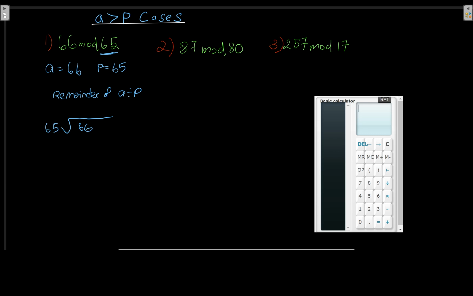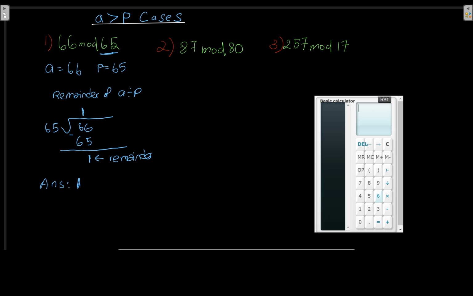So 66 divided by 65 gives the quotient 1, and we subtract 65 from 66, which is 1. This is the remainder.